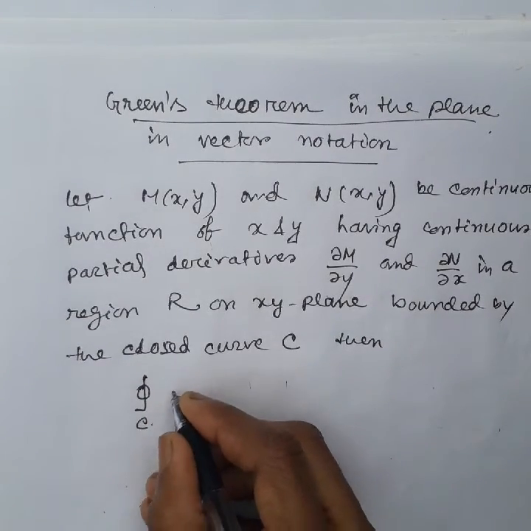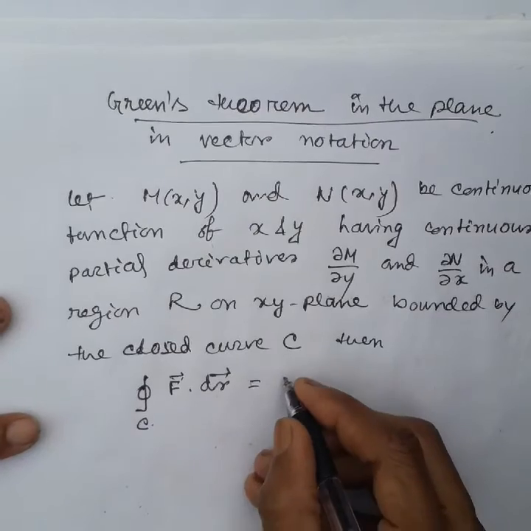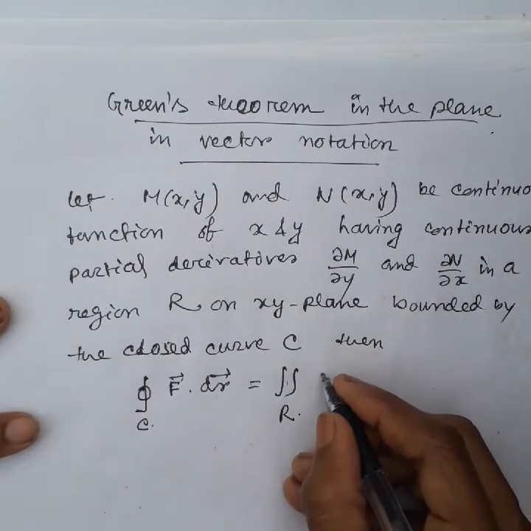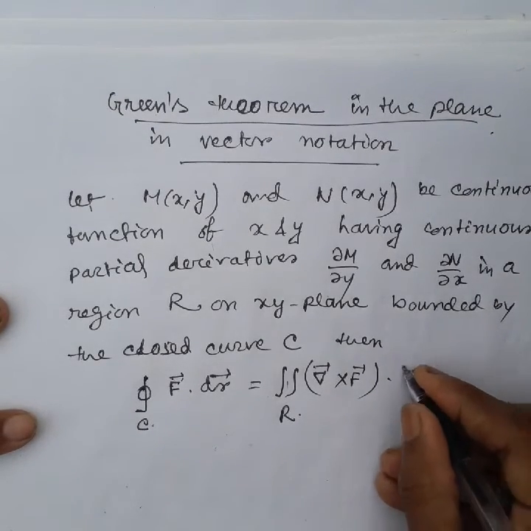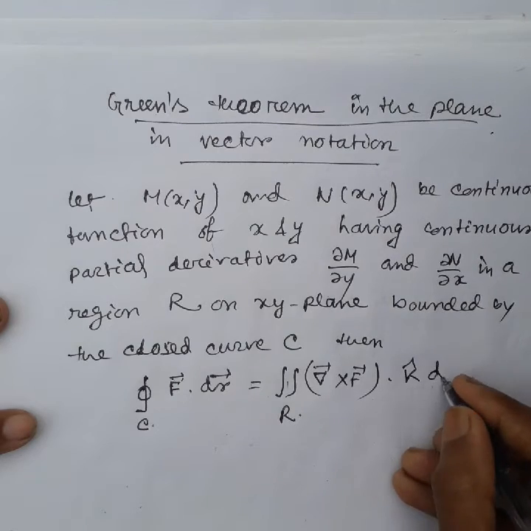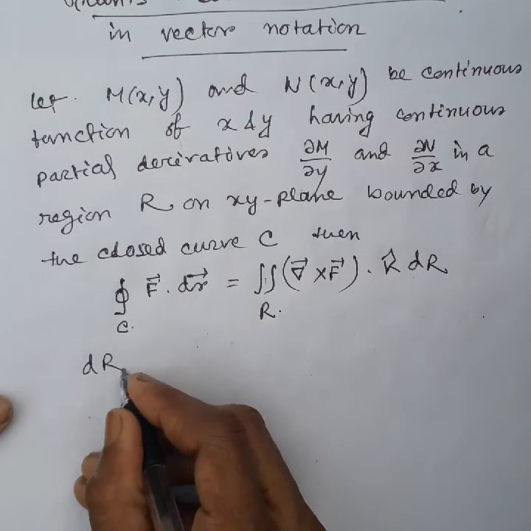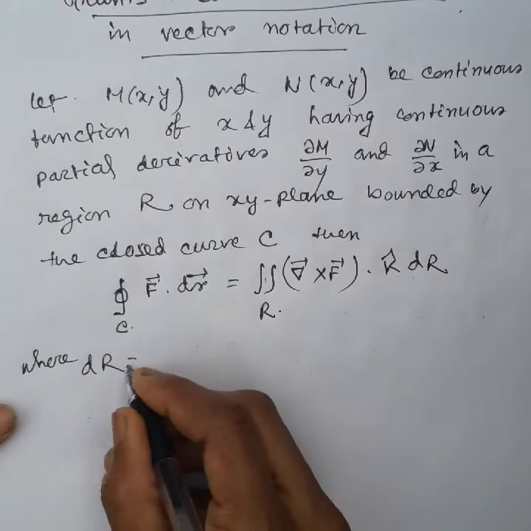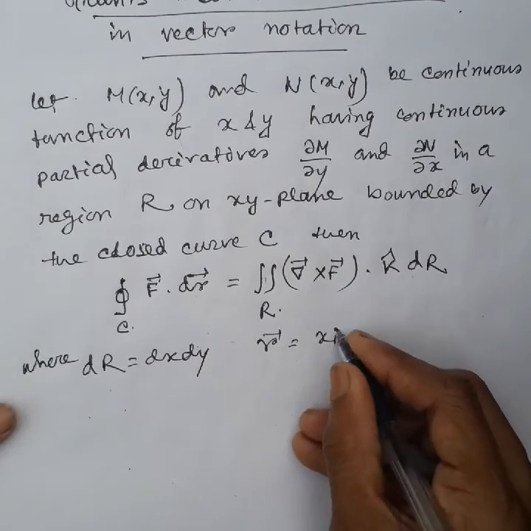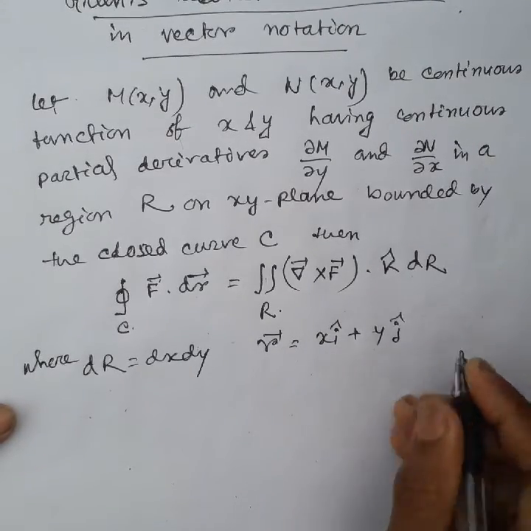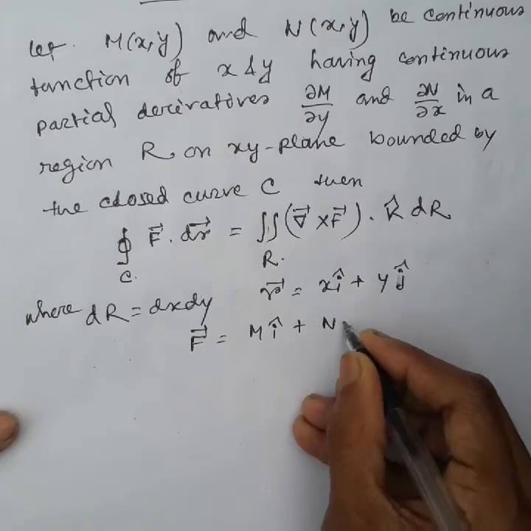the integration along the contour C of F dot dr is equal to the double integration over the region R of (grad cross F) dot k dR, where dR is equal to dx dy, the vector r is equal to x i cap plus y j cap, and the vector F is equal to M i cap plus N j cap.